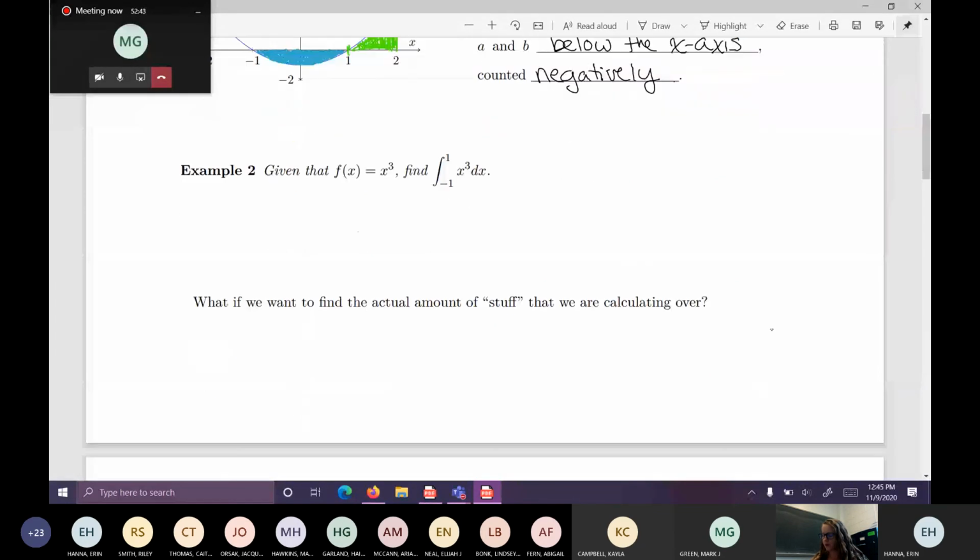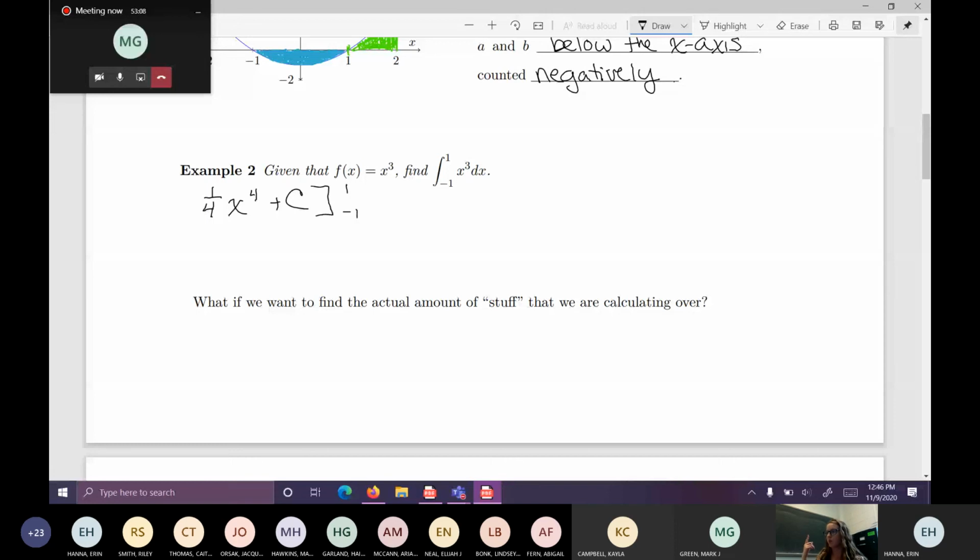So say we have a function x cubed and we want to find the integral from -1 to 1. Let's just do that. Again, when we're asked to just calculate the integral, we just do what we did in 6.3. We just find the antiderivative and plug in the bounds. So the antiderivative is x to the 4th, and then we divide by 4, so I'm going to bring it out as a fraction in the front.